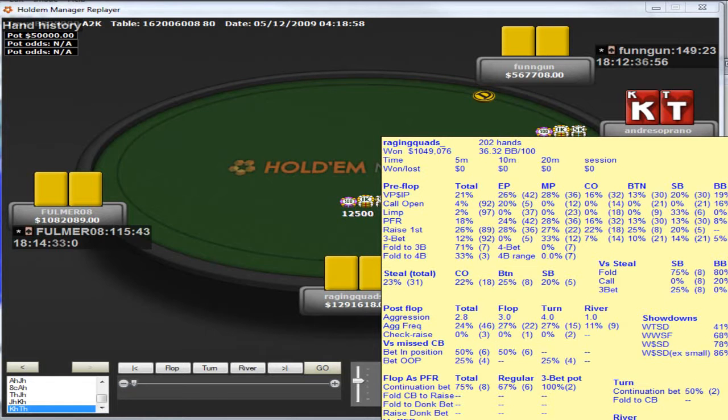What is his continuation bet post-flop? As the preflop raiser, he bets 75% of the hands. Well, let me just say something about this.